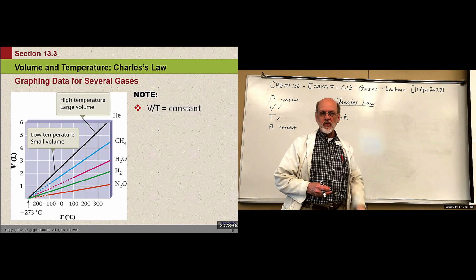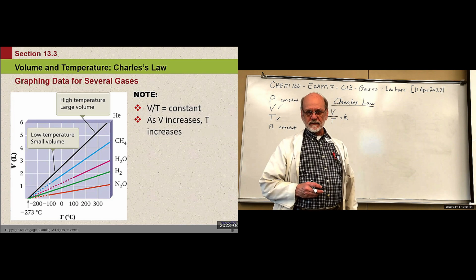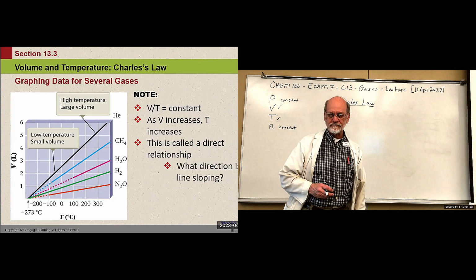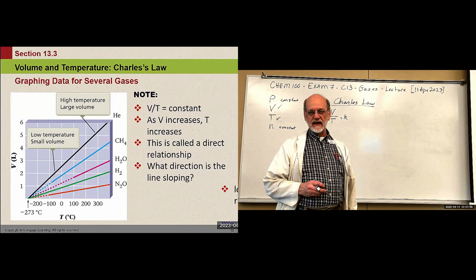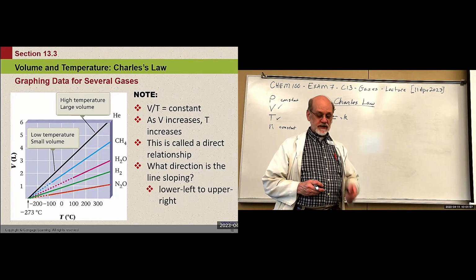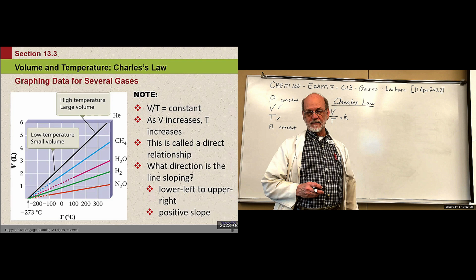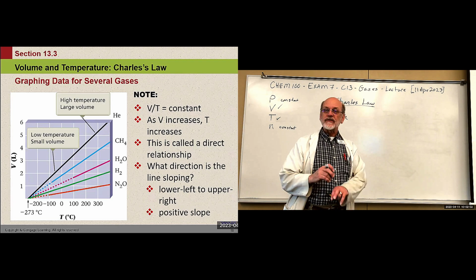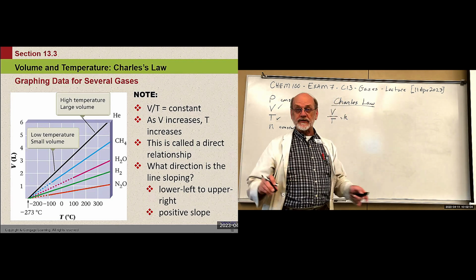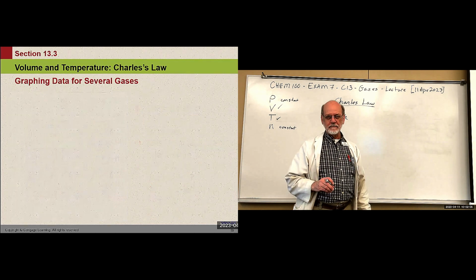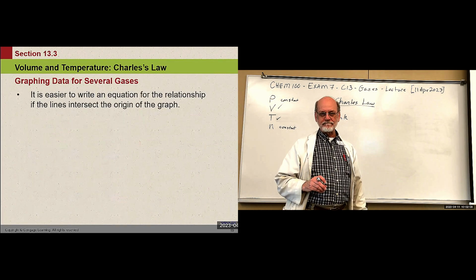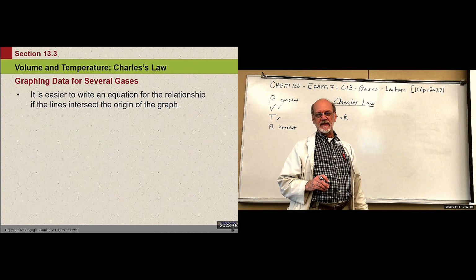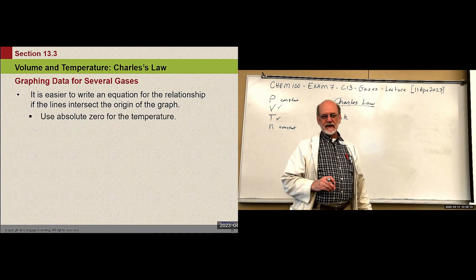That's a direct proportion. And the line will always be a positive slope. So this is nice. We don't have to convert this one to a straight line. It's already a straight line.